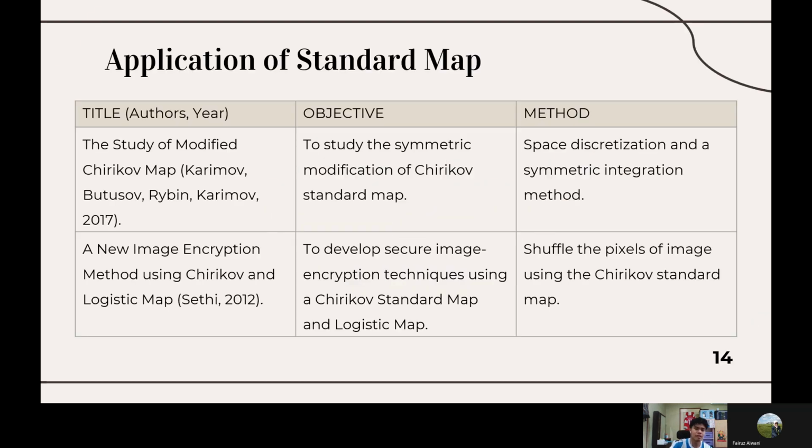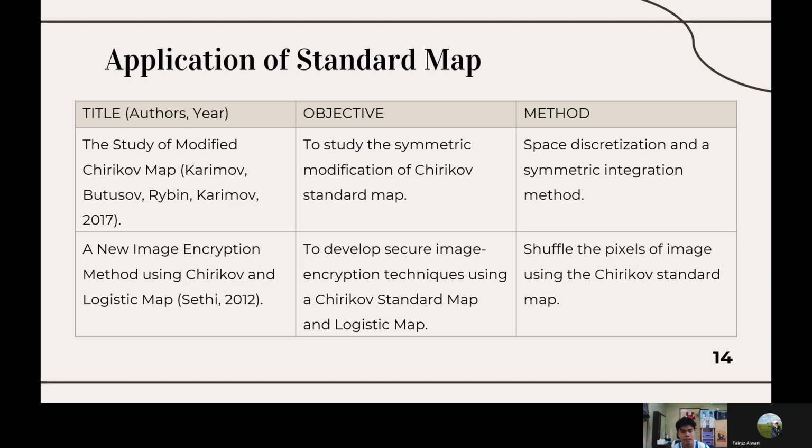For the literature review in our research, we found several papers on the standard map. The first paper is a study of the modified Chirikov map by Karimov, Butusov, Rybin and Karimov in 2017, who studied a symmetric modification of the Chirikov standard map using the method of space discretization and a symmetric integration method.